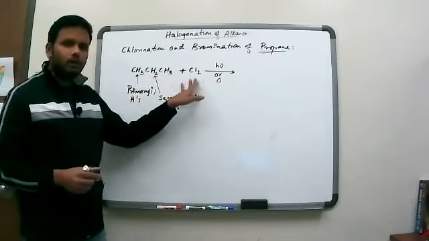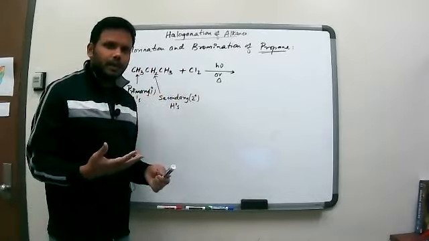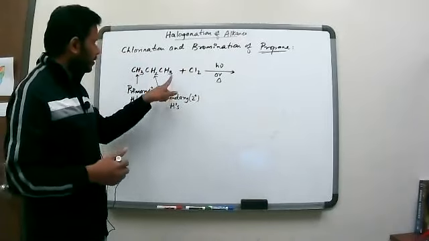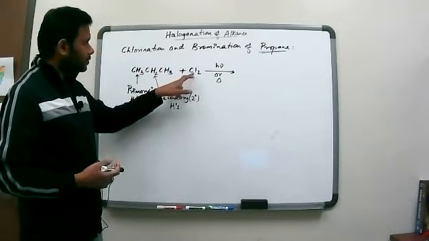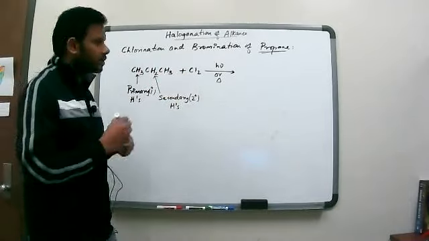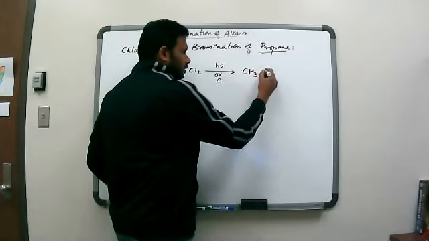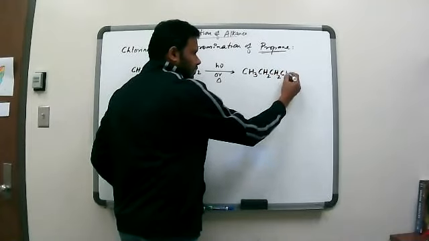So when we chlorinate propane, I think we should expect 2 products. One where the primary hydrogen is replaced, and the other where the secondary hydrogen is replaced. One's going to be CH3, CH2, CH2, Cl.